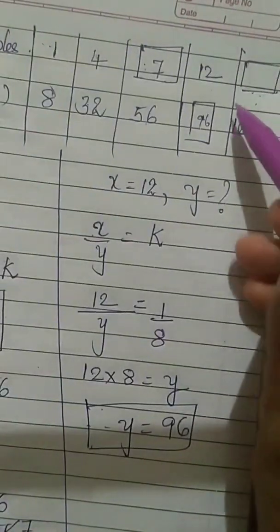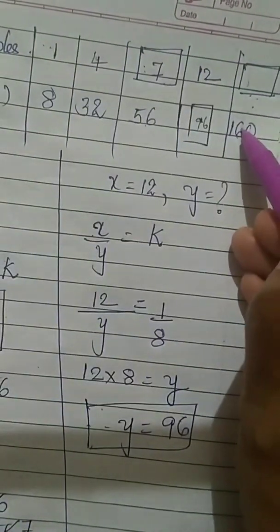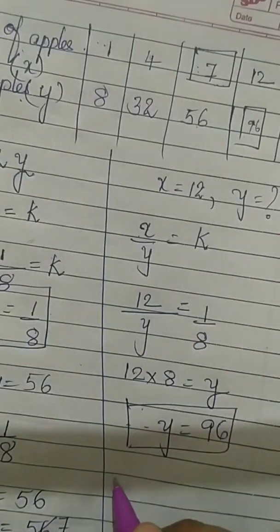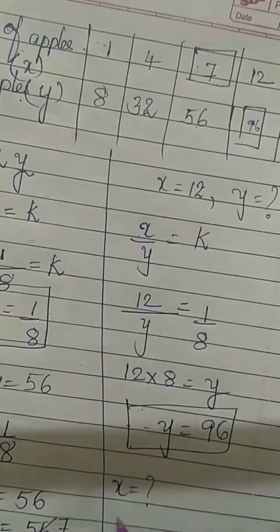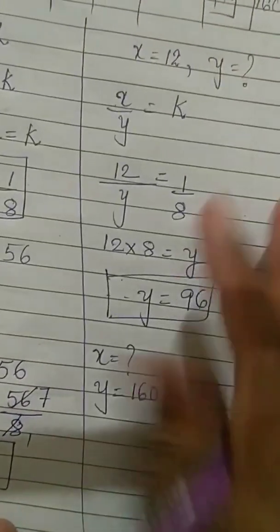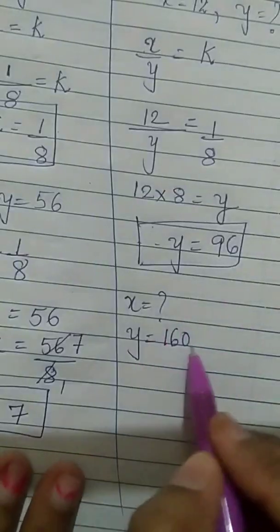Last one, you try and get the answer and then check with me. In the last sum, x we don't know, y is 160.